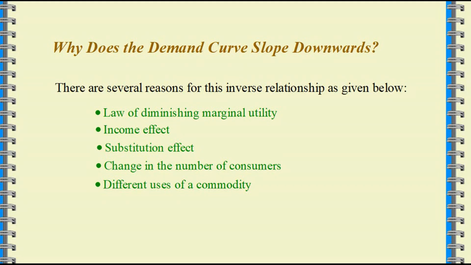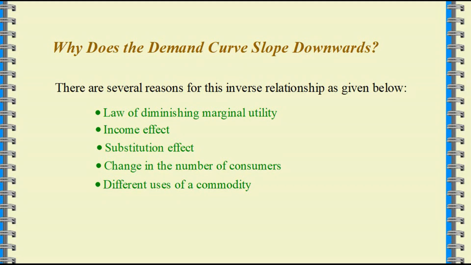So the amount of commodity that we are going to purchase now decreases. We are not going to use the product for different purposes. We are going to stick with its essential use whenever there is high price. But when there is low price, we purchase the product and use that product for different purposes.